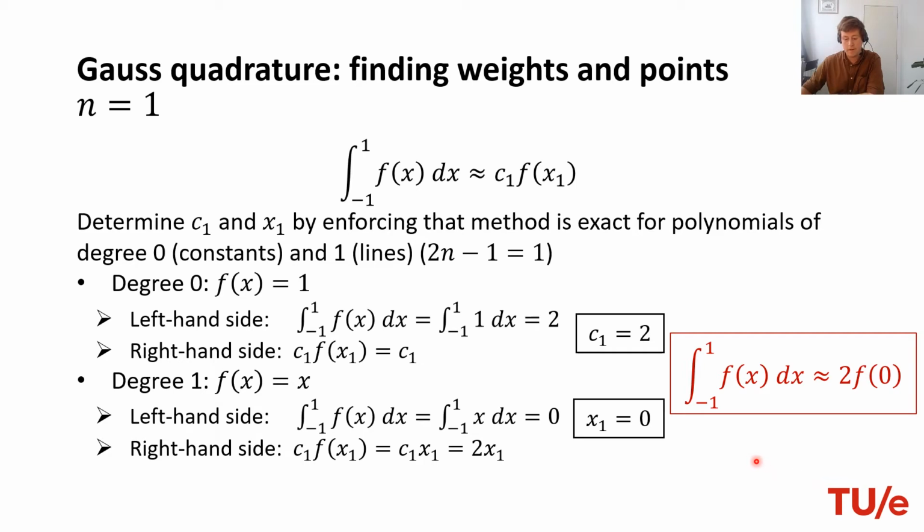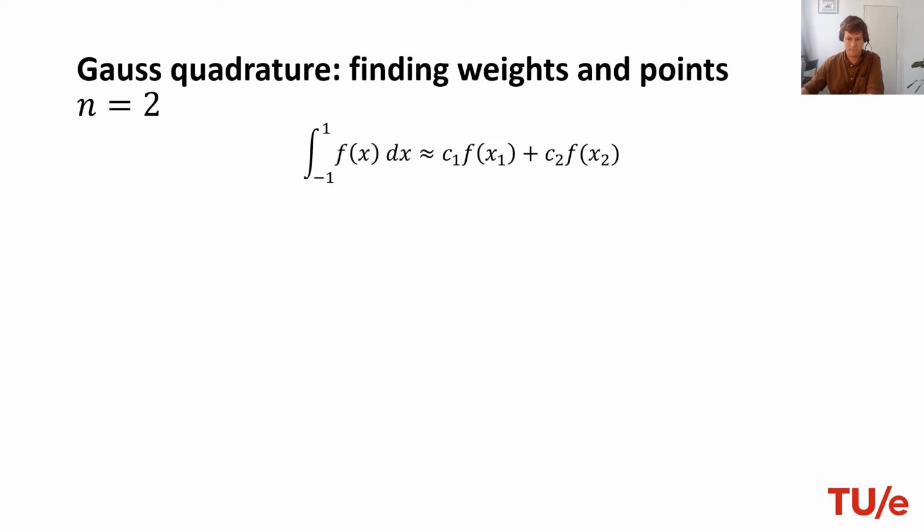And for polynomials of degree 0 and degree 1, this will be an exact equality. For other functions, this will only be an approximation. And how good this approximation is, well, we will look at that a bit later.